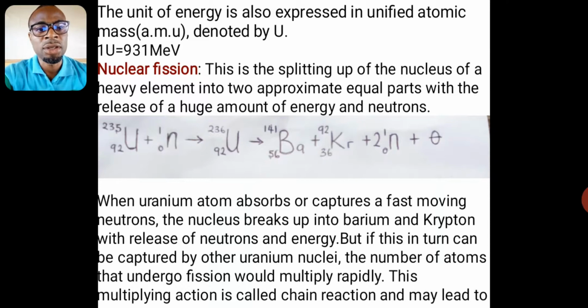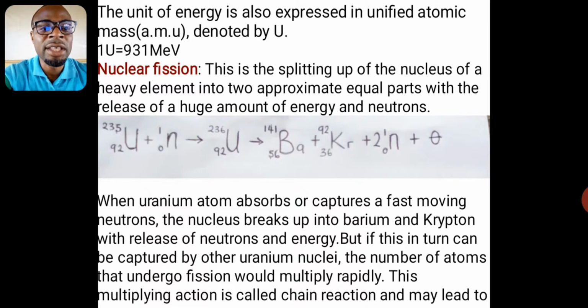And this also results in the release of neutrons plus energy. Under that, we have that when a uranium atom absorbs or captures a fast-moving neutron, the nucleus breaks up into barium and krypton with release of neutrons and energy.